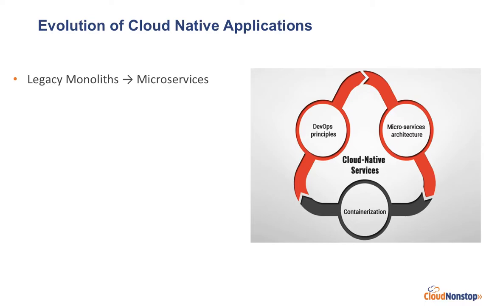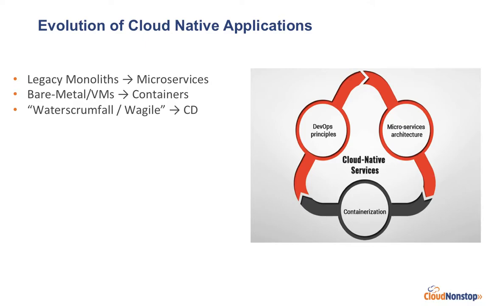And we're going to talk a bit more about the microservices architecture in the coming slides. Likewise, the bare metal deployments and virtualized deployments are being replaced by containers, and we'll talk a bit more about what those are. Even the development methodology is evolving. So we had the waterfall, then we had the scrums, and just a bit of a play of words.